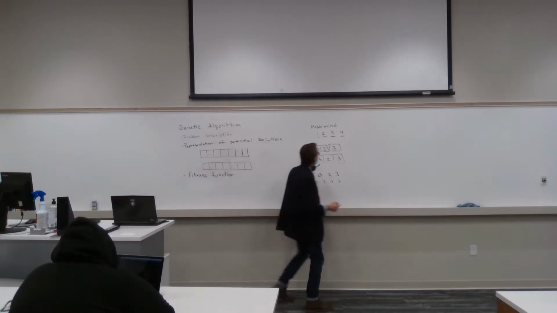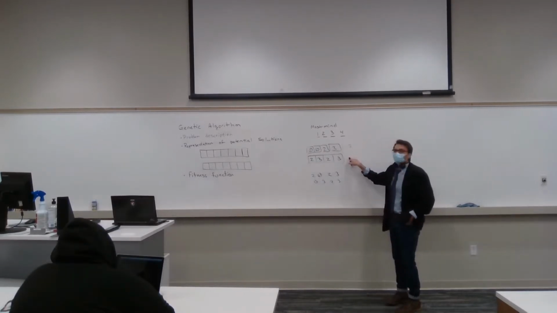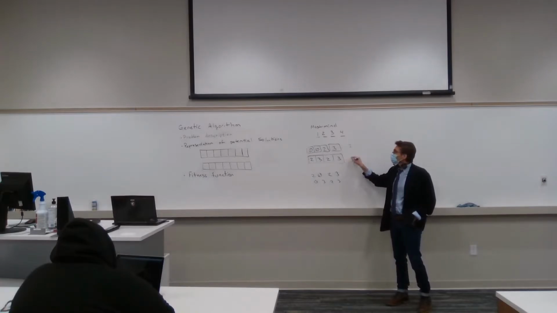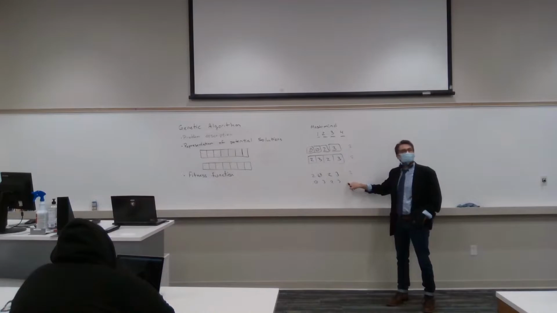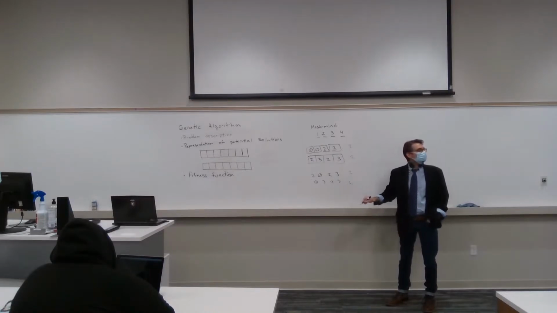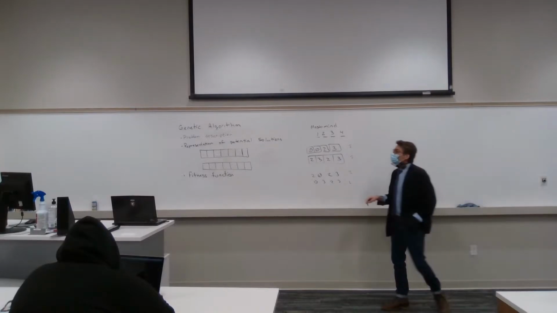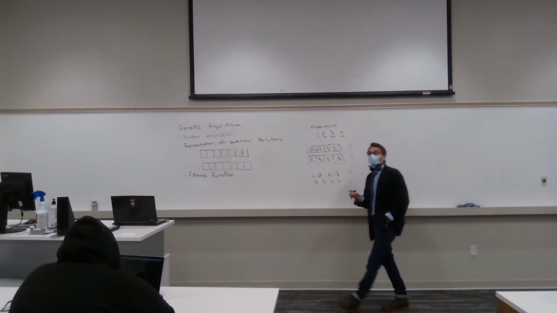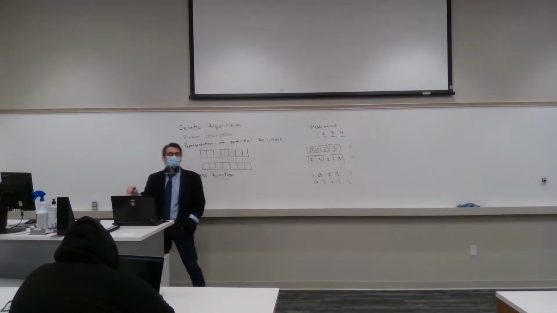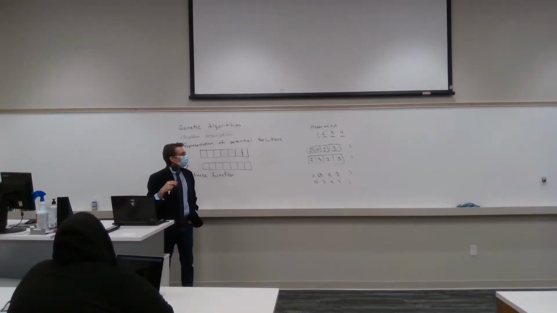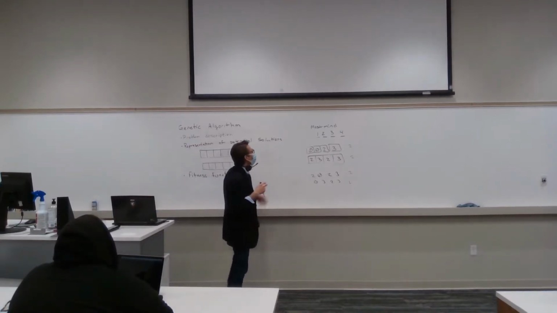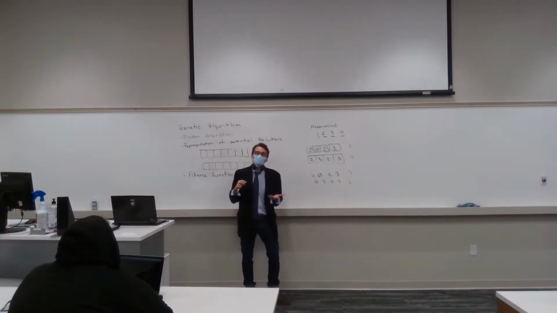What happens with all of these? This score was a 2. This score is a 2. This score, still a 2. Still a 2. And the other 2 possibilities are still 2s. So based off our current fitness function, how many correct values do you have?